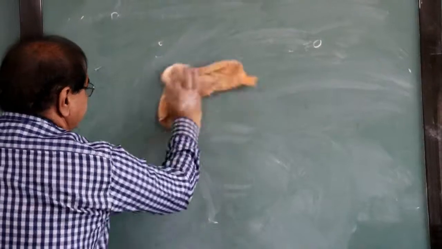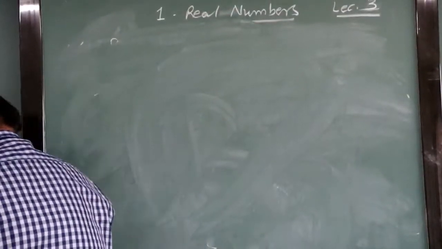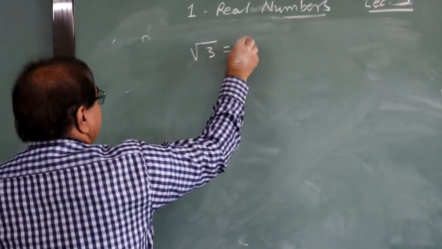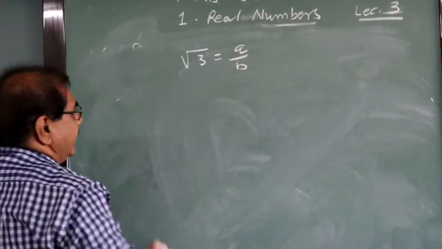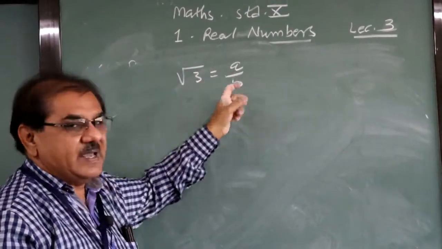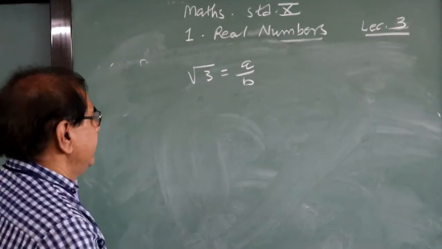Similarly, we can go for root 3. Suppose root 3 is equal to a upon b. We assume that root 3 is a rational number with a and b having no common factor between them.